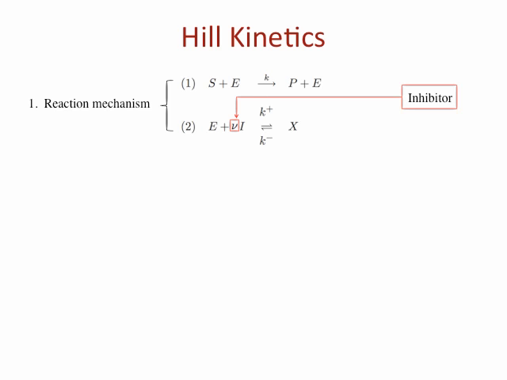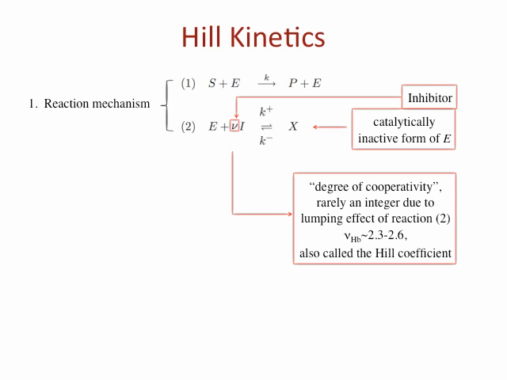So there's the inhibitor I, there's the catalytic form, and then the quantity nu is the number that makes the Hill kinetic mechanism unrealistic. We all know that most reactions are bilinear.